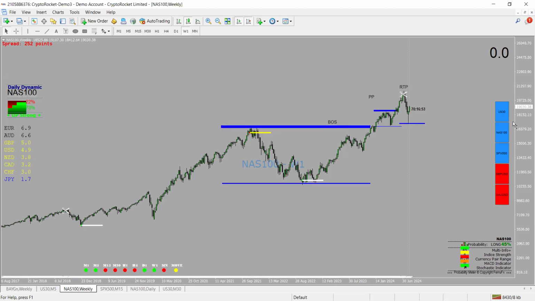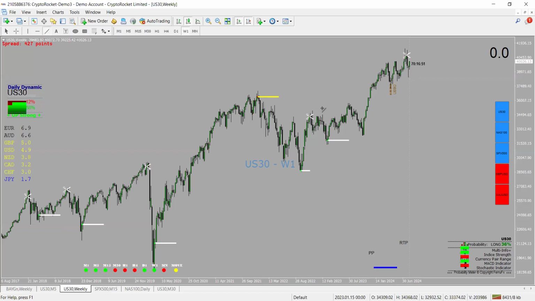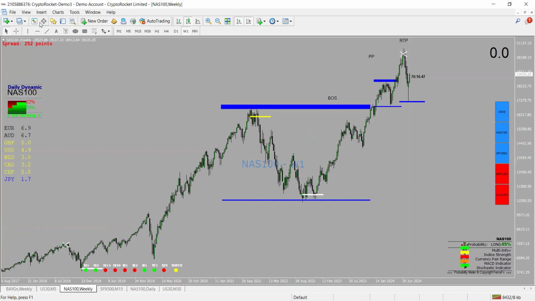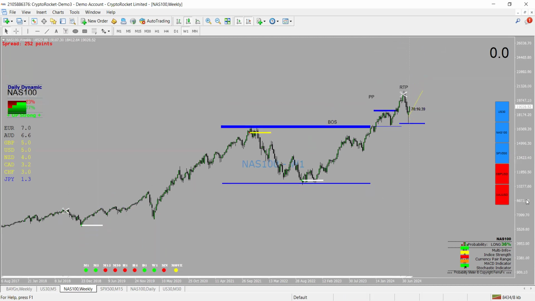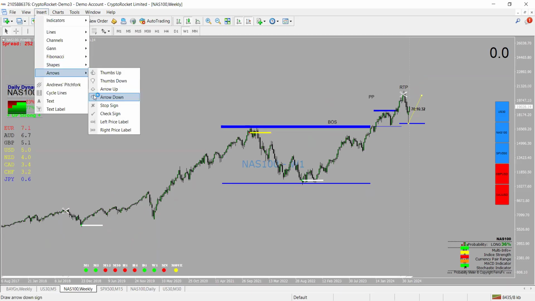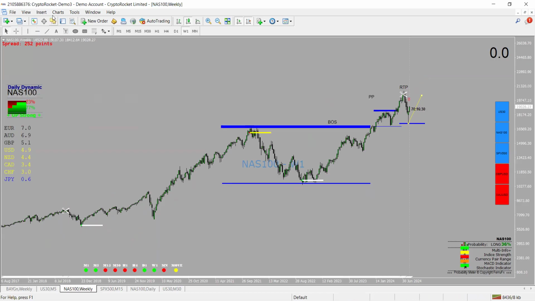So we know long term, NAS is probably going up to take out RTP. So we know why we're bullish right here overall. We're in a bullish uptrend, taking out buy side liquidity above these highs, and we have to see this on the weekly time frame to understand where the market is going and why. Buy side liquidity.